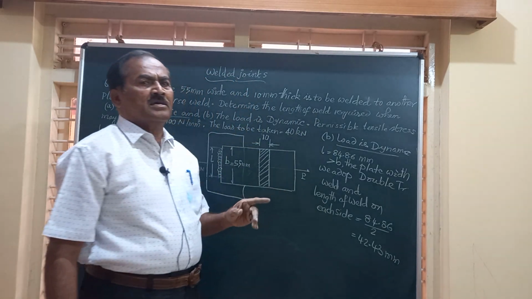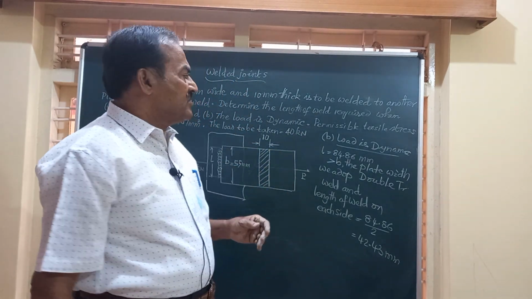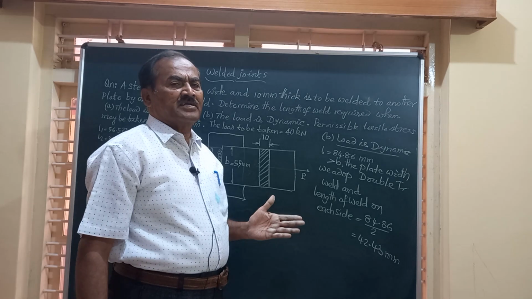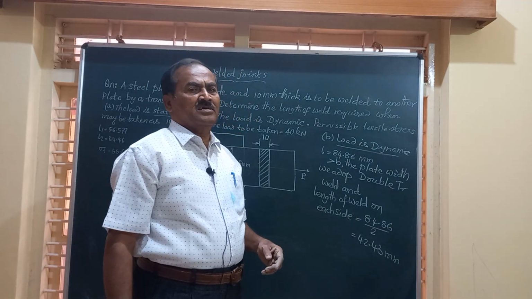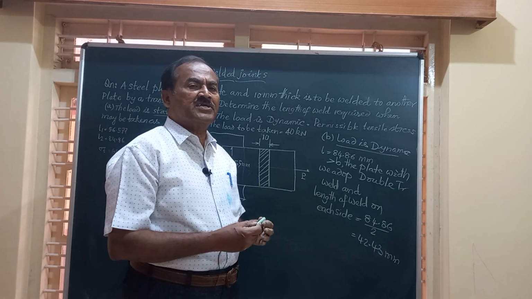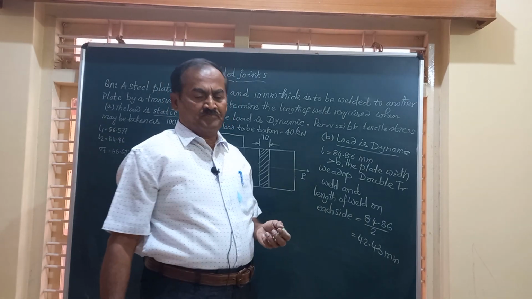Again, as you have done in the case 1, you will have to add 10 millimeter extra for each of these welds on both the sides to take the complete length of weld.